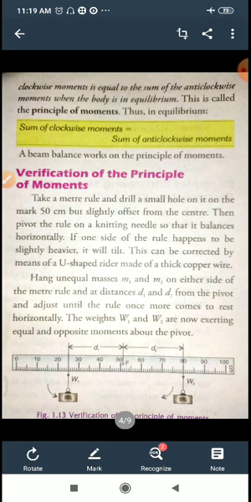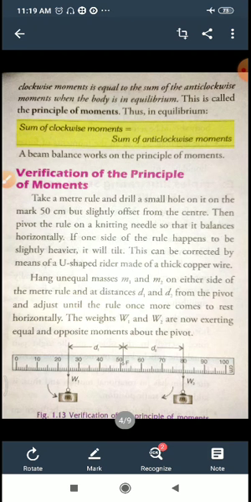The weights w1 and w2 are now exerting equal and opposite moments about the pivot. Obviously w1 is the weight of mass m1 and w2 is the weight of mass m2.